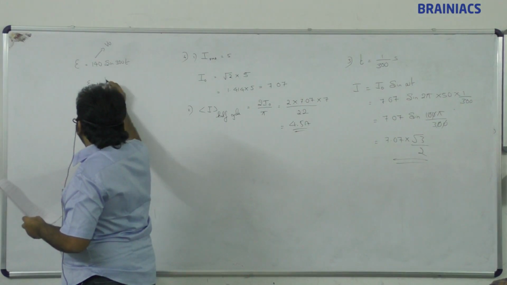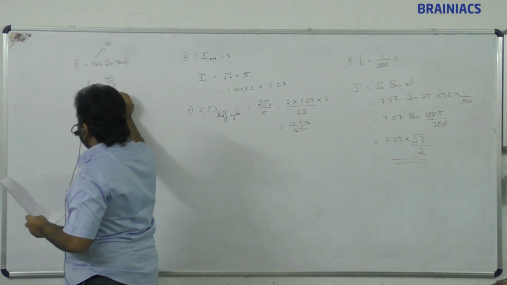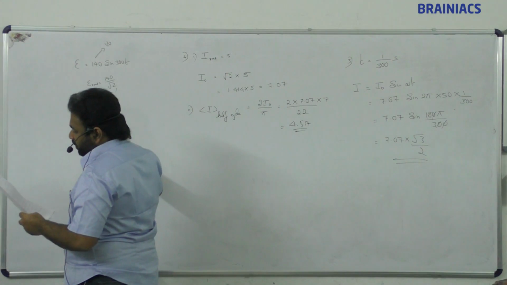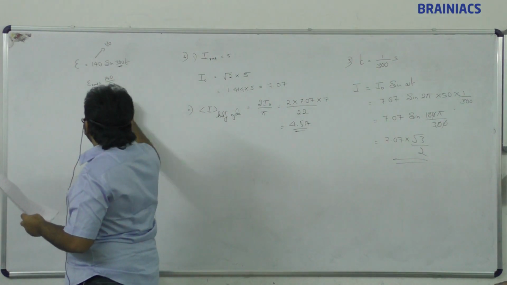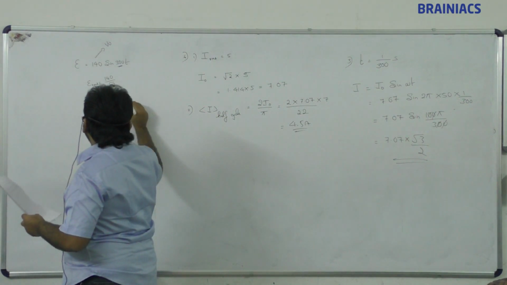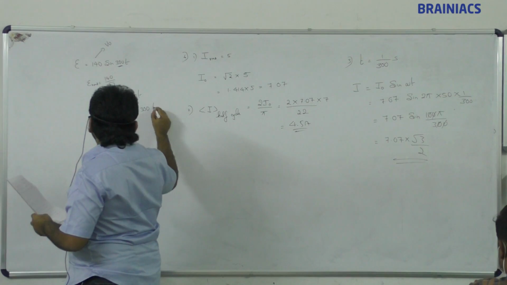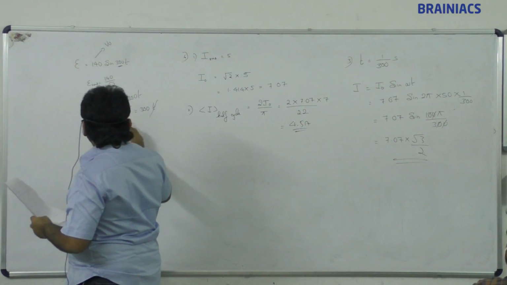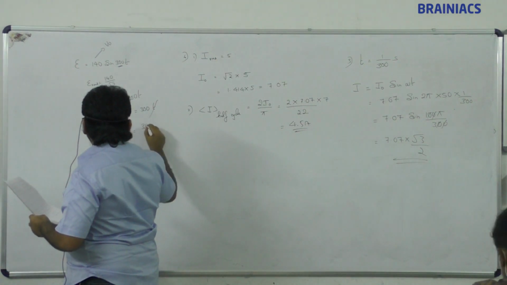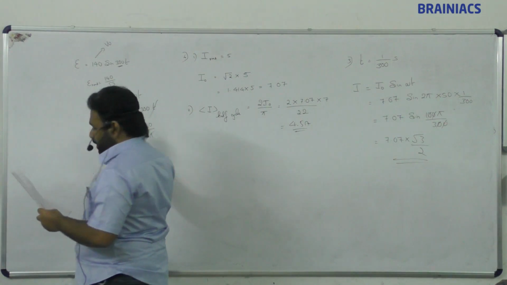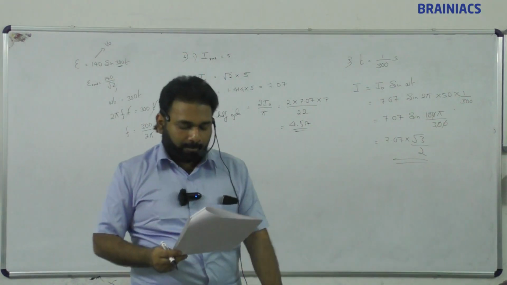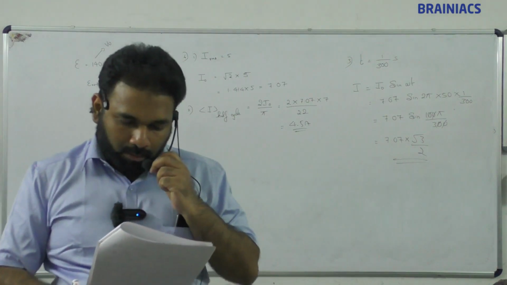ERMS is equal to 140 by root 2. Then what is the frequency of supply? So omega t is equal to 300t. So 2 pi f into t is equal to 300 into t. So t cancels. Then f is equal to 300 divided by 2 pi.